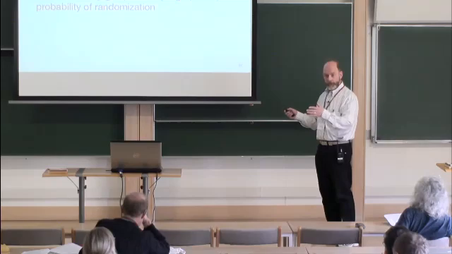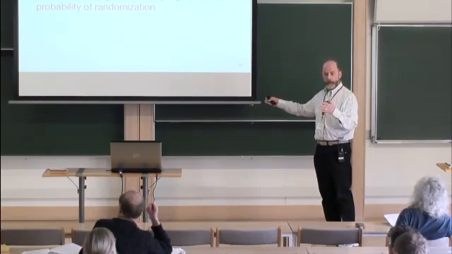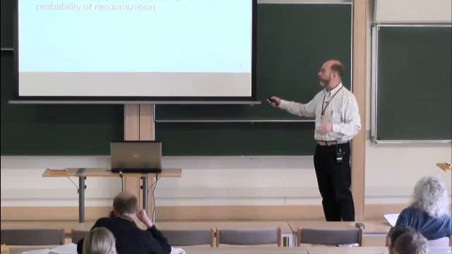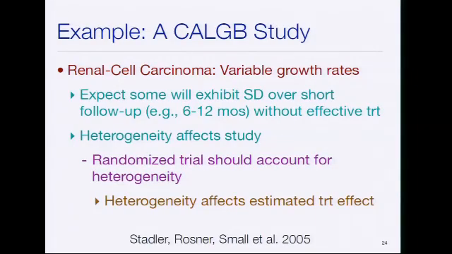And so we're assuming that there will be no continued benefit, at least over the majority of the period of follow-up following randomization. The analysis gets complicated if patients drop out or refuse randomization. And it may be difficult to identify up front which patients are the ones who are most likely to go on to randomization. But that's obviously an open issue to consider.